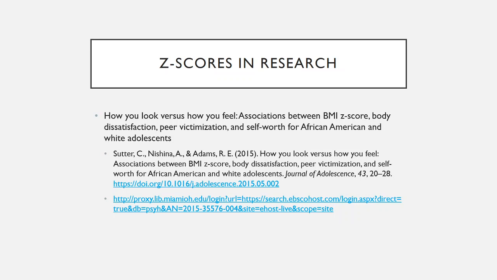Researchers who study BMI and how it's associated with other health characteristics and psychological characteristics want to make sure that we don't just look at someone's weight, we look at their weight compared to their age group, because different age groups will have different BMIs and the range might be a little bit different. So researchers who study BMI will often standardize that variable such that all of the participants in the data set are being compared to one another.